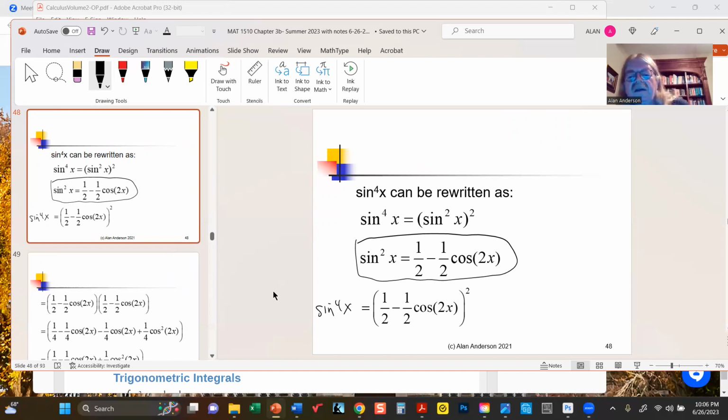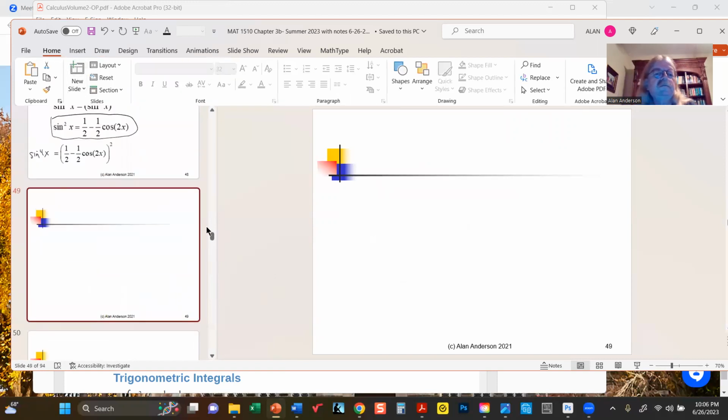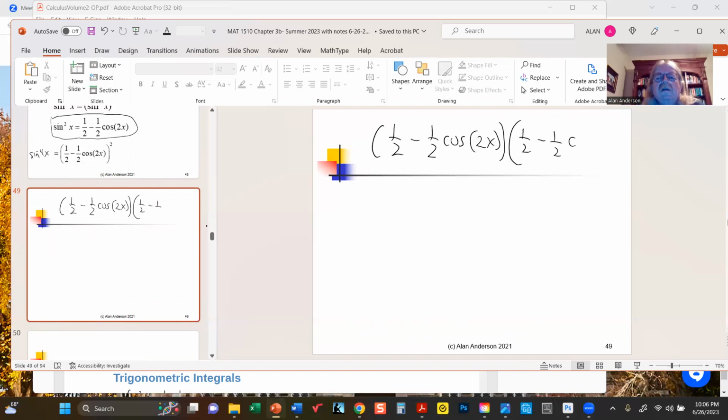So we can multiply this out. We actually could use FOIL for this one. Let's do it. So F, O, I, and L. Here's F, a quarter.